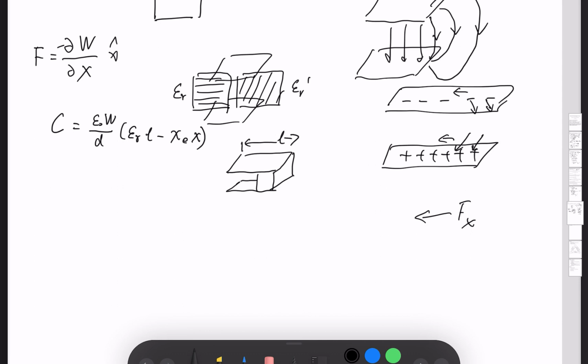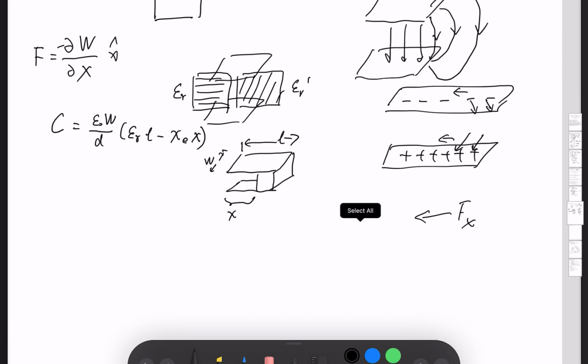Here, this L is the length of this capacitor, and X is the distance without the slab, and this W is the width of this capacitor.